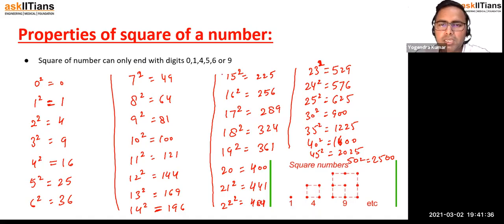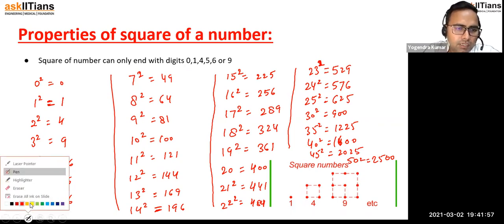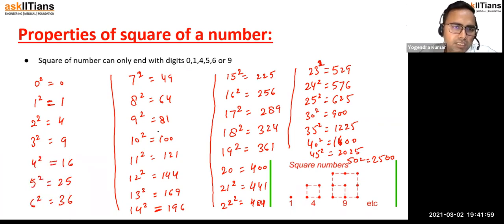What is the main thing I wanted you to observe? Unit place is 0 or 1 or 4 or 9 or 6, 5, 6, 9, 4, 1, 0. Observe the unit places of squares. I've written more than enough, right? Many unit places I've shown, many squares I've shown.